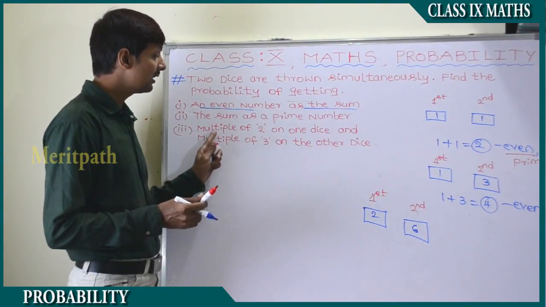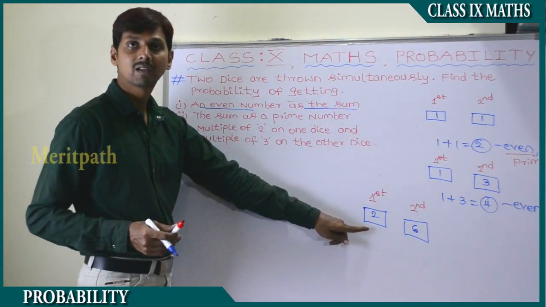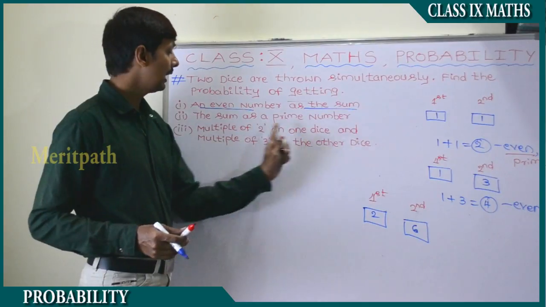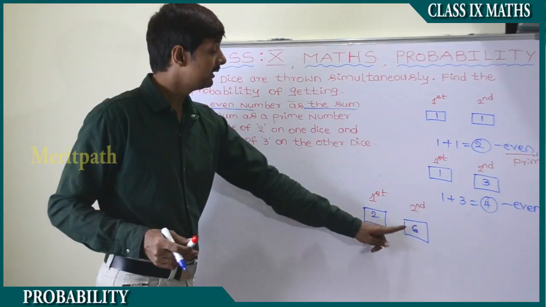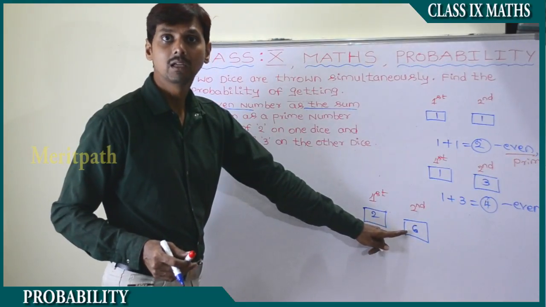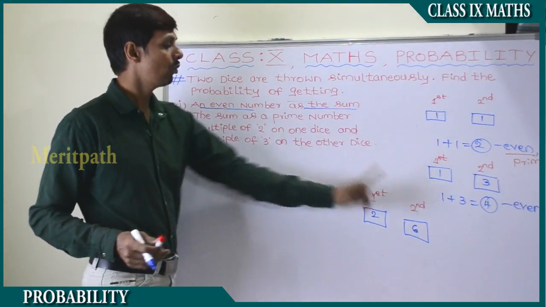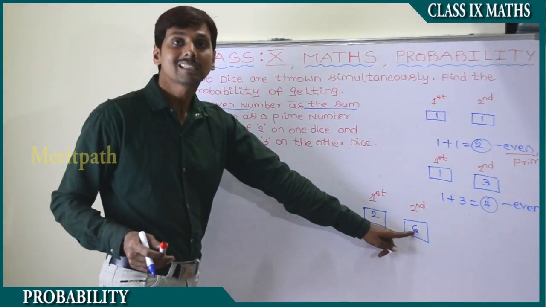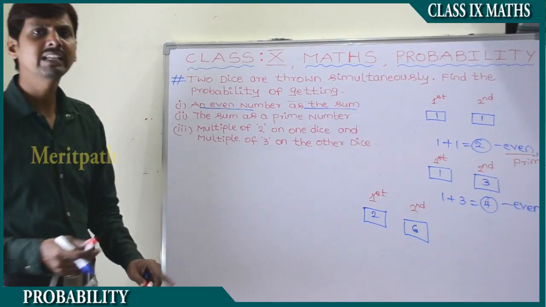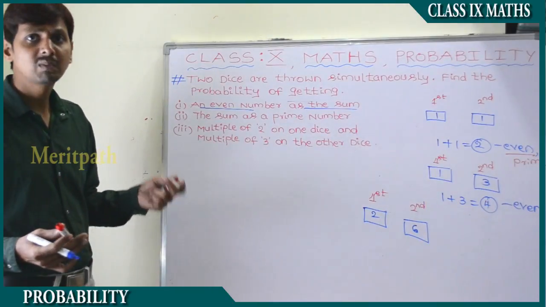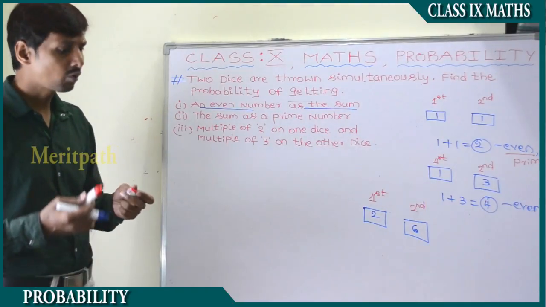Let's see here, multiple of 2 on one dice: 2 is a multiple of 2, and the next one, multiple of 3 on the second dice. So 6 is a multiple of 3. So here this satisfies the condition. We need to find other possibilities also. That's the problem.